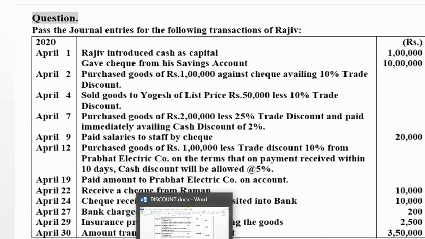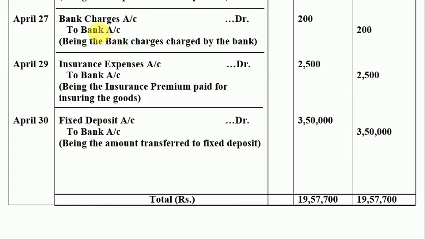So the journal entry will be bank charges account debit to bank account. Bank charges is an expense for you, you know very well, and all expenses will be recorded on the debit side, to bank account, that is 200, being the bank charges charged by the bank.